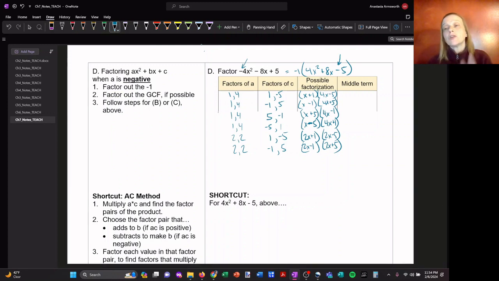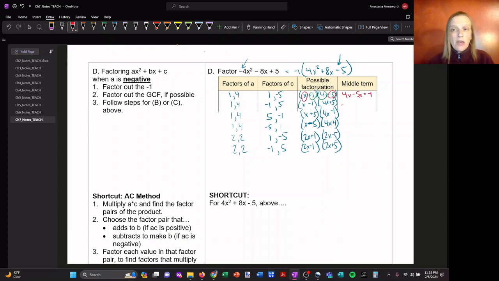And now we need to look at what the middle term is by focusing on the first multiplied by the last, the outsides, as well as the insides, the second multiplied by the third. So what do we have here? This is 4x minus 5x, which gives us negative 1x.